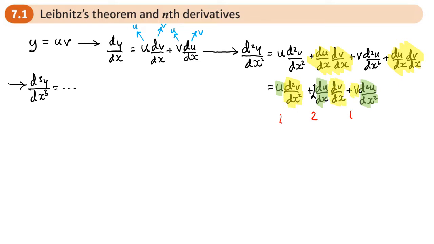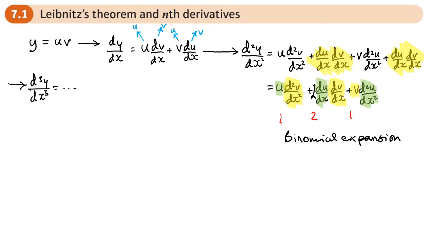This reminds me of the binomial expansion. And actually Leibniz's theorem says that we can use the pattern of the binomial expansion to find these higher derivatives, third derivative, fourth derivative, without having to apply the product rule multiple times.